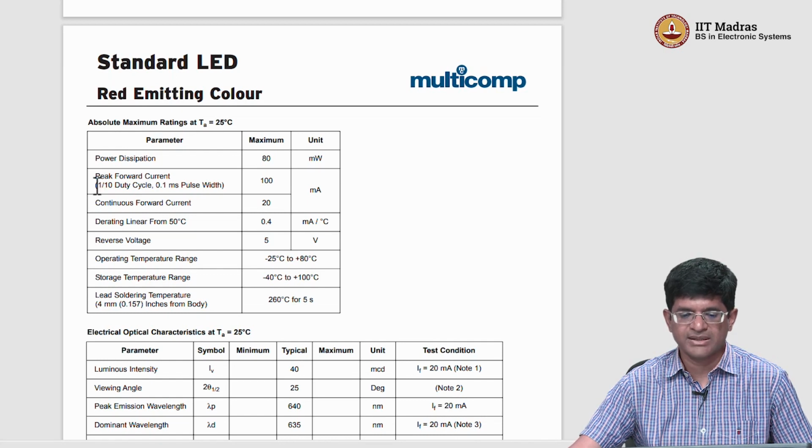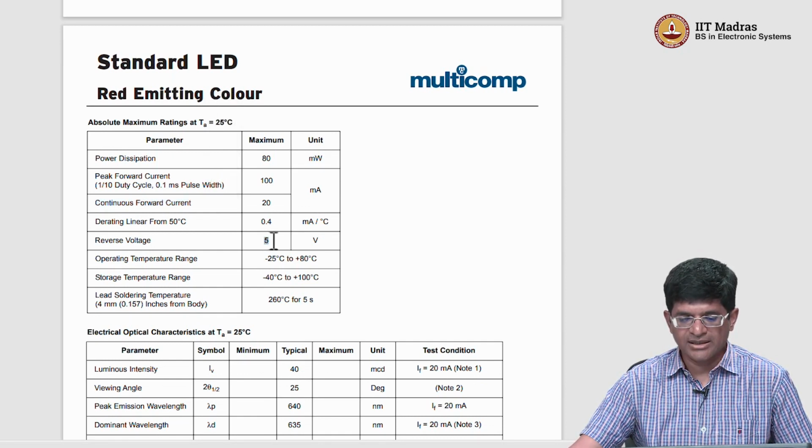That's what this information is telling you. On the other hand, the continuous forward current can be 20 milliamps, that's what it's rated for, and when you are doing your current limiting calculations, this is the number you should ideally use, because it is the current it can safely tolerate in the forward direction.